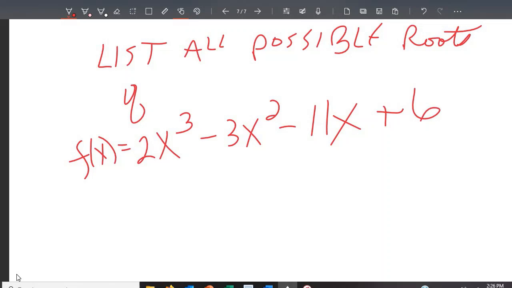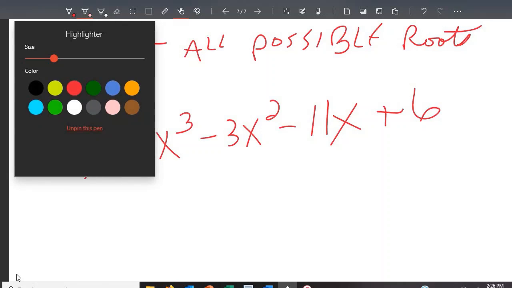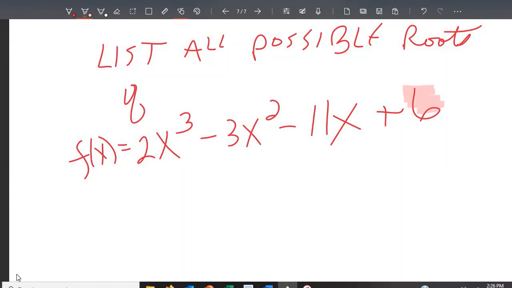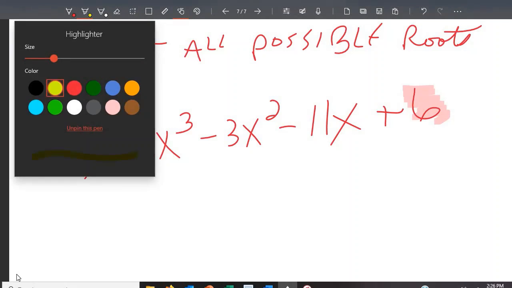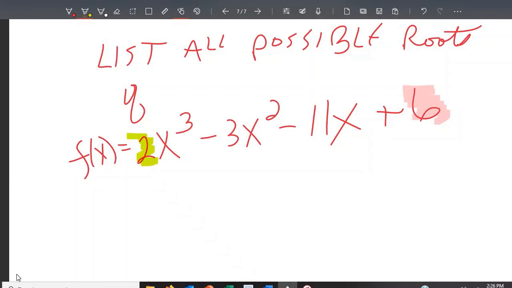Now, I'm only looking at the last number and the first number. I don't care anything about the -3 and the -11.